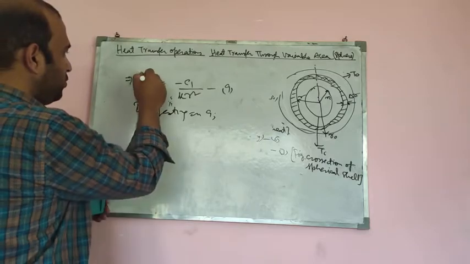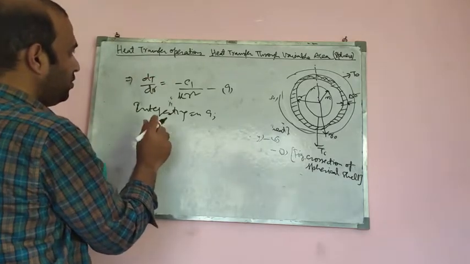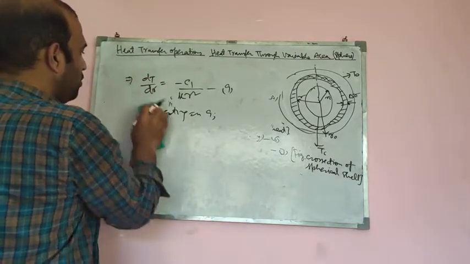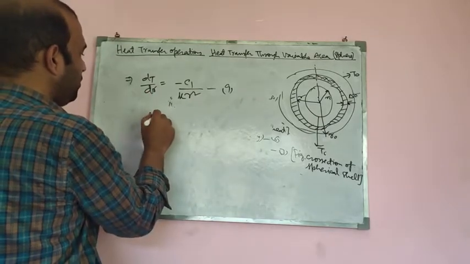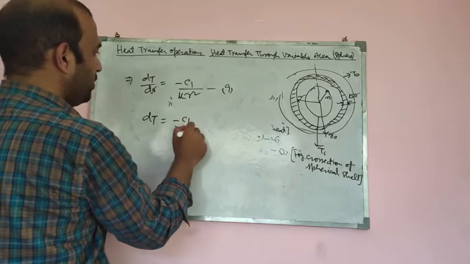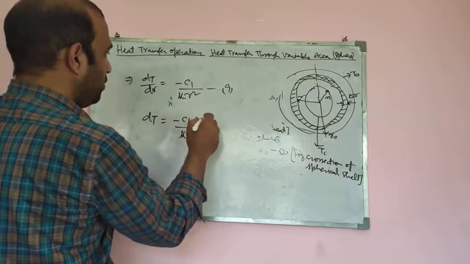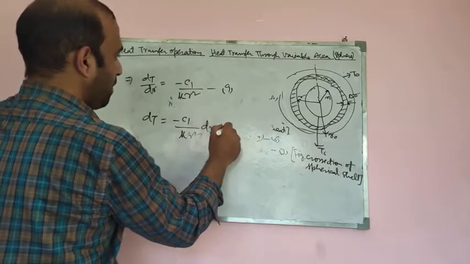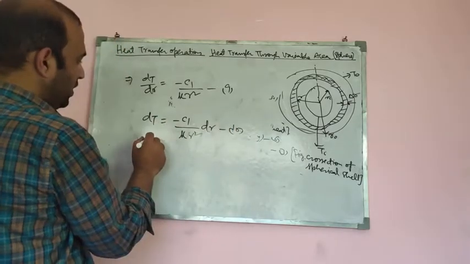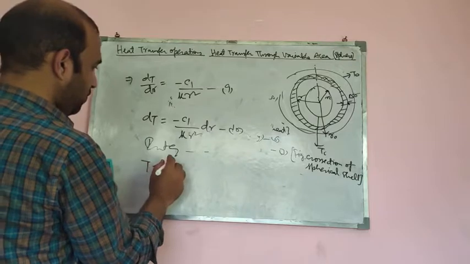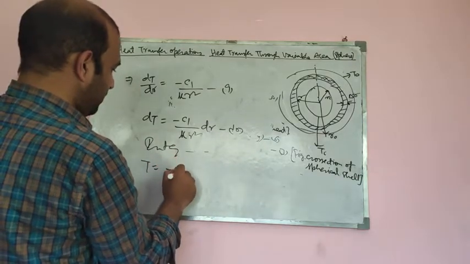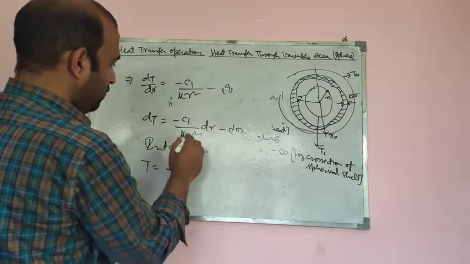So when I integrate it, I can write dT is equal to minus C1 by k r square dr. This equation I can integrate. I can write T is equal to minus C1 by k, 1 by r square.